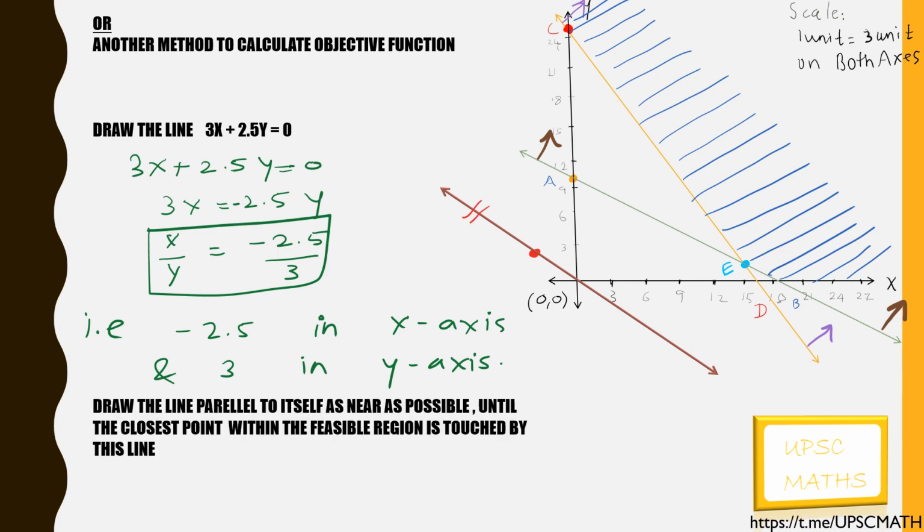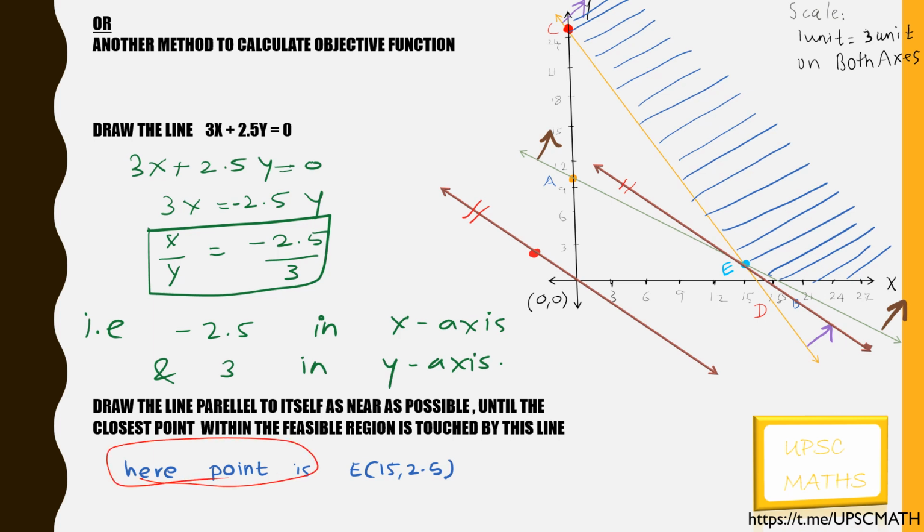Now, draw the line parallel to itself as near as possible until the closest point within the feasible region is touched by this line. So this is the parallel line which is as near as possible and the closest point within the feasible region is touched by this line.